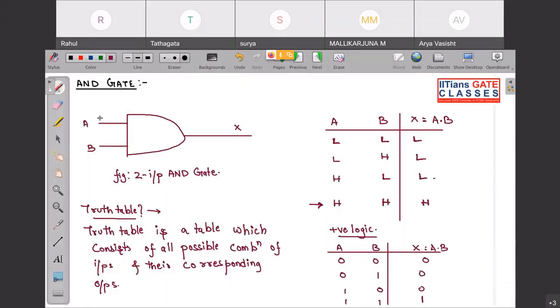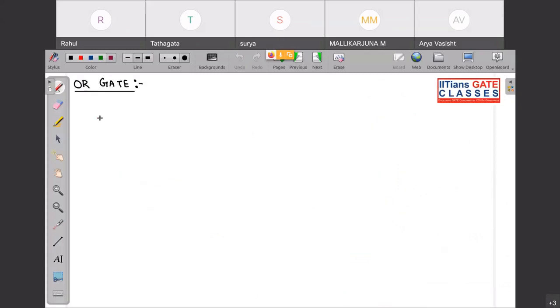So what did I say? An AND gate is a gate where your output will be high when all the inputs are high. So this is the basic AND gate. Now let us study the OR gate. The symbolic representation of the OR gate is something like this.